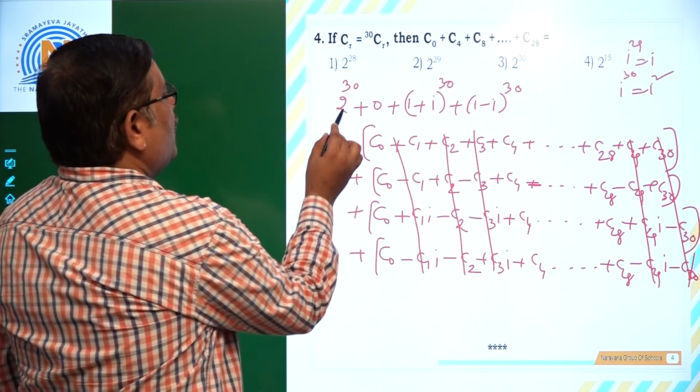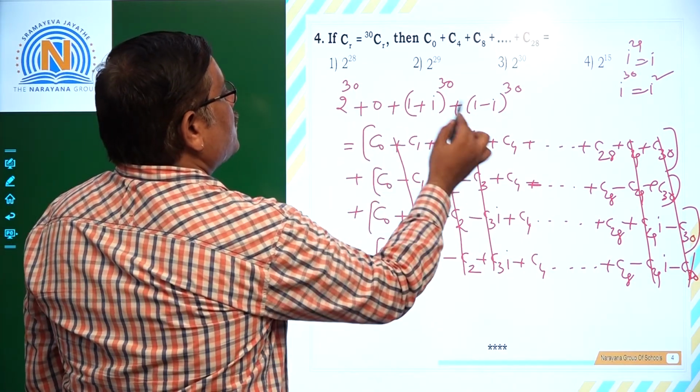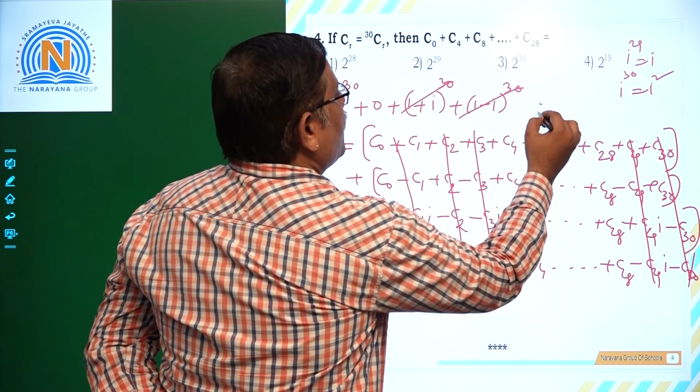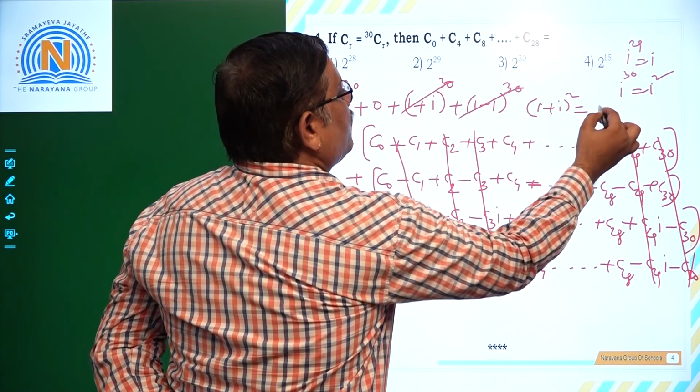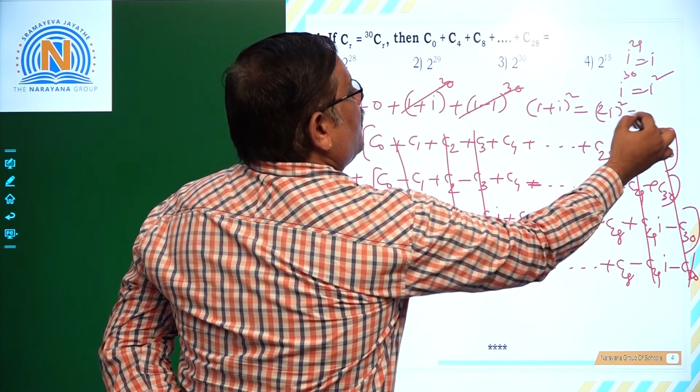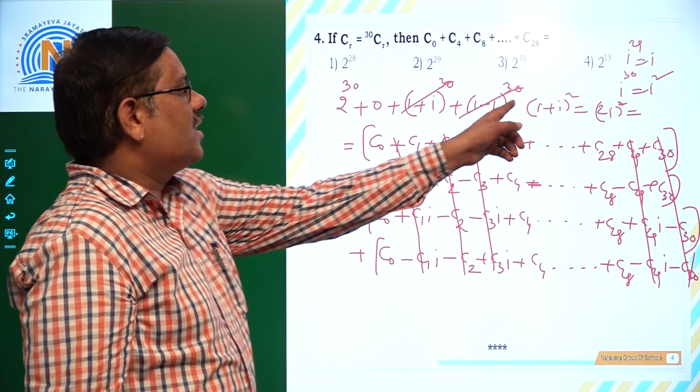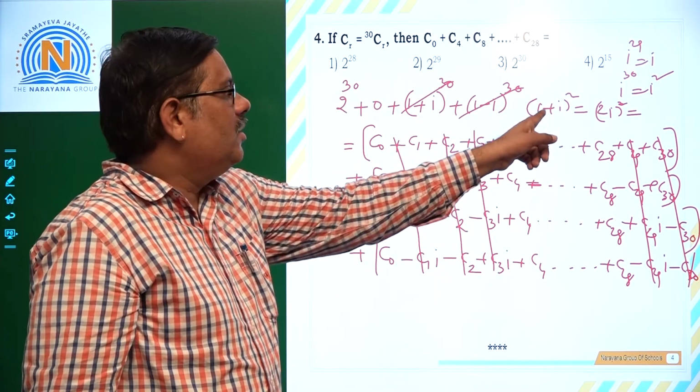On the RHS part, 2 power 30, what about these two results? These two will cancel with one another. Why will they cancel? (1 plus i) whole square is nothing but 2i, because 1 square plus i square is 0, plus 2i.